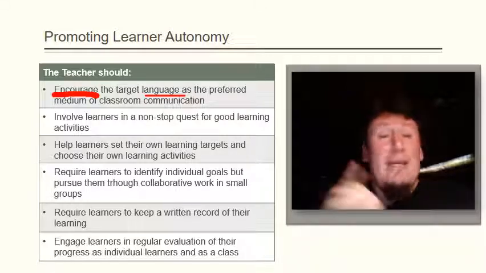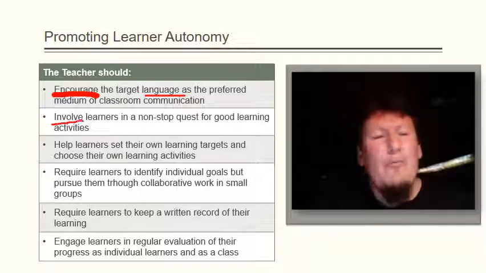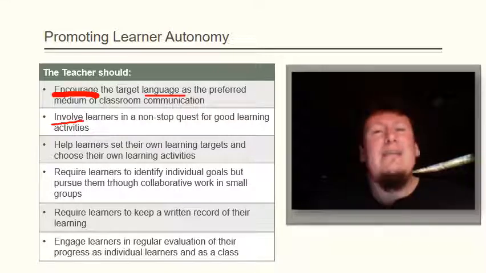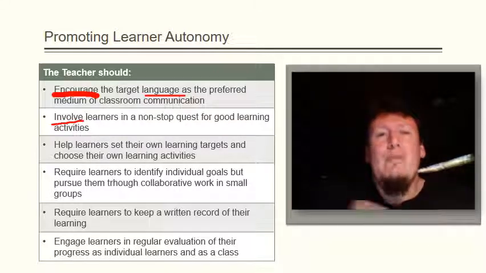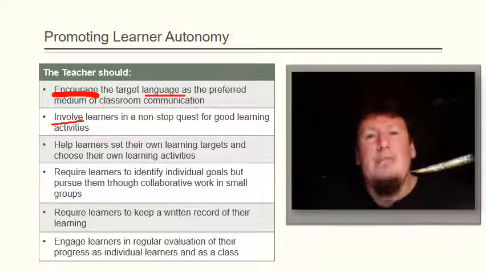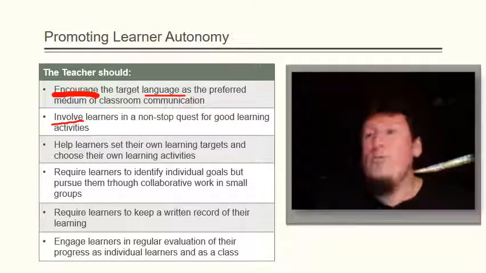So in that sense, you need to involve them. That means you should probably think of this as a premise: they don't know what's good and what's bad as far as learning activities go. So it is your job to tell them, hey, I have this awesome learning activity for you. Oh, the teacher said awesome.